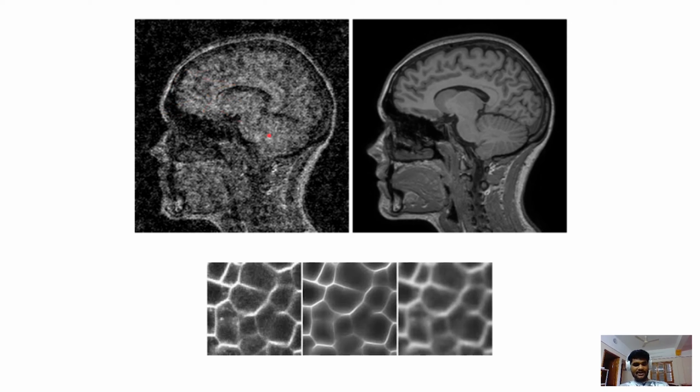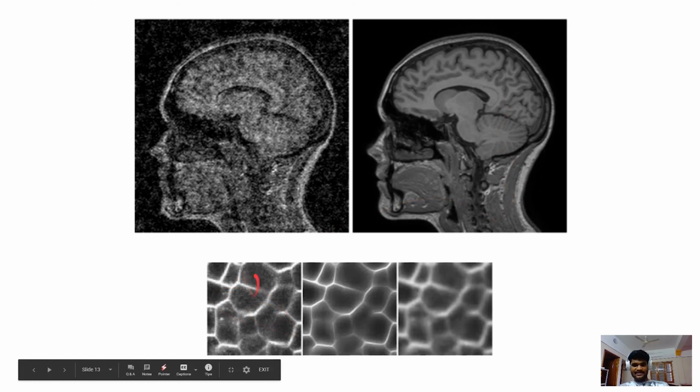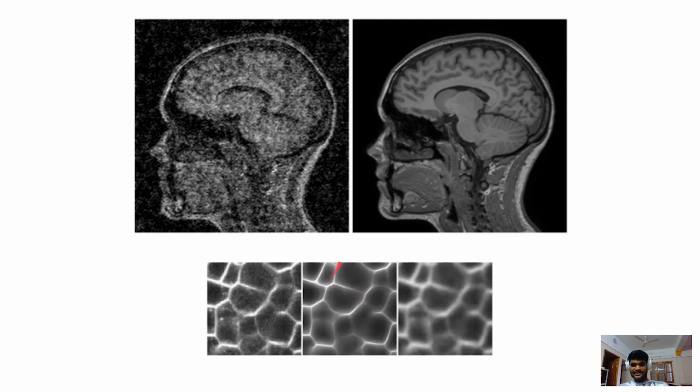But after applying anisotropic diffusion, see what happened. We got even the finest details inside the image. And this here is a pattern, and after applying Gaussian blur, this is what we achieved. But after applying anisotropic diffusion, we can see the edges sharply concentrated.